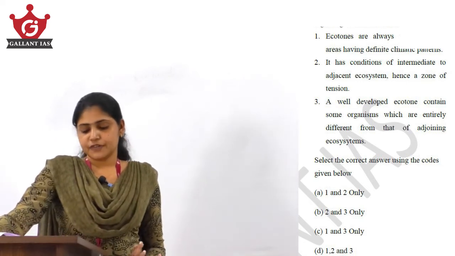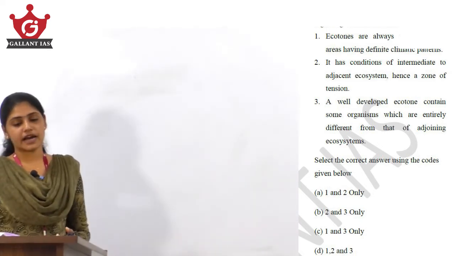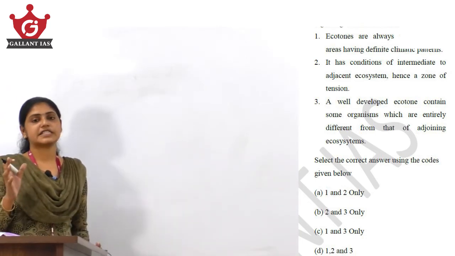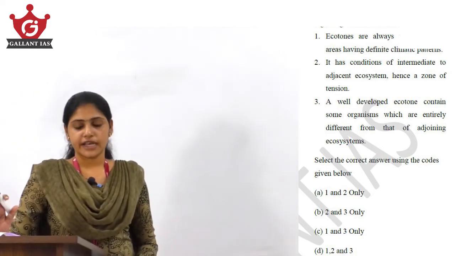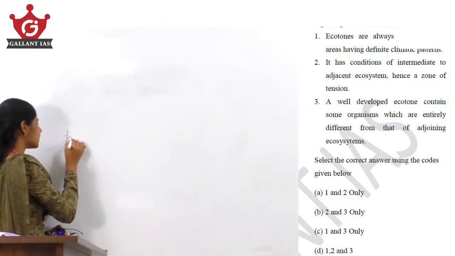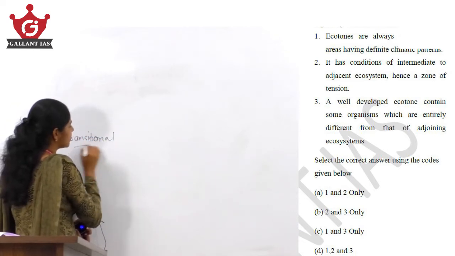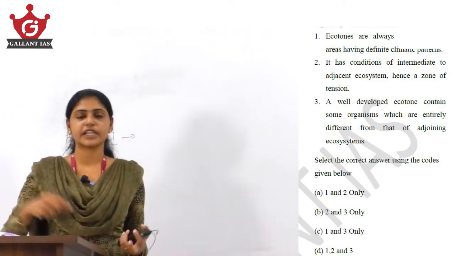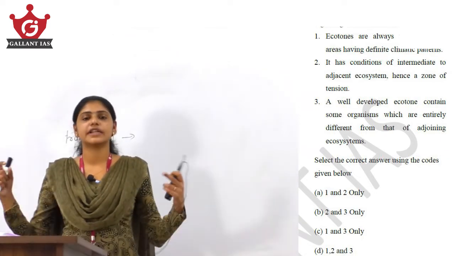See, the first statement says ecotones are always wide marginal areas having definite climatic patterns. What is the problem with the first statement is that there you can find an extreme word, which is always. We know ecotones are transitional areas, and these transitional areas will be influenced by both the adjoining ecosystems.